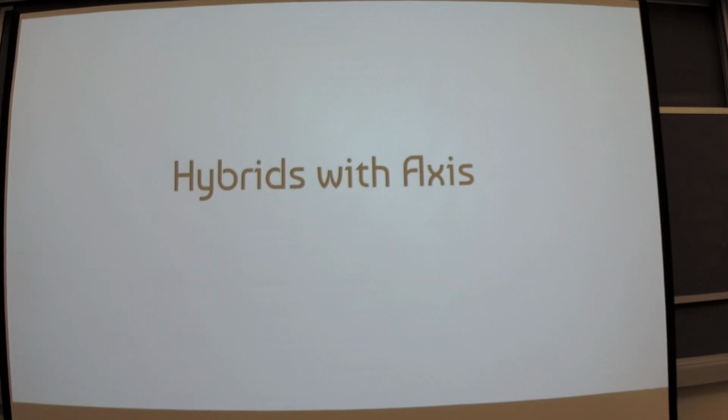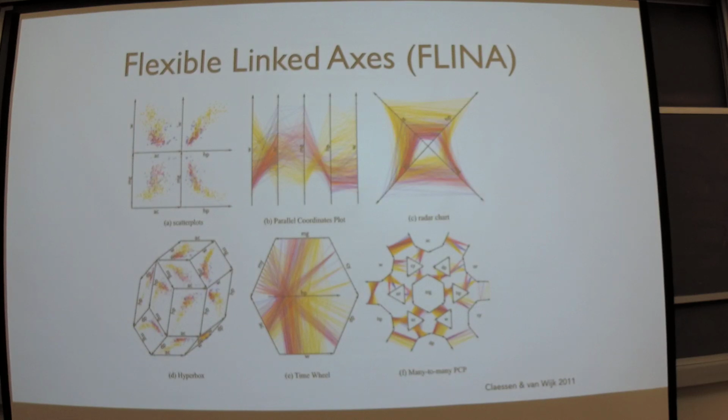Okay, now it gets into hybrids. We'll talk about these axis-based techniques and how we can combine them in interesting ways. So this here is a technique called FLINA, Flexible Linked Axes. This is by Jörg van Wijk and one of his students.